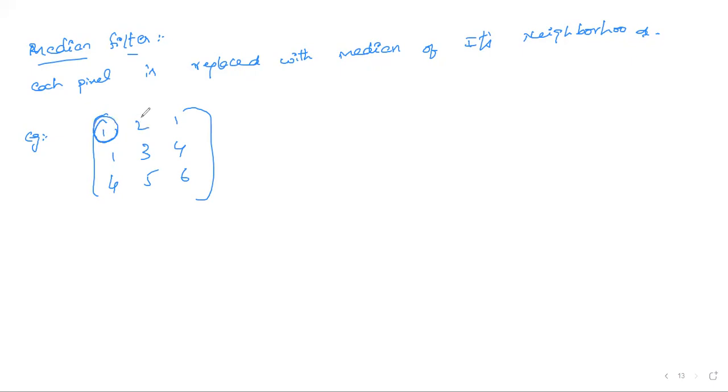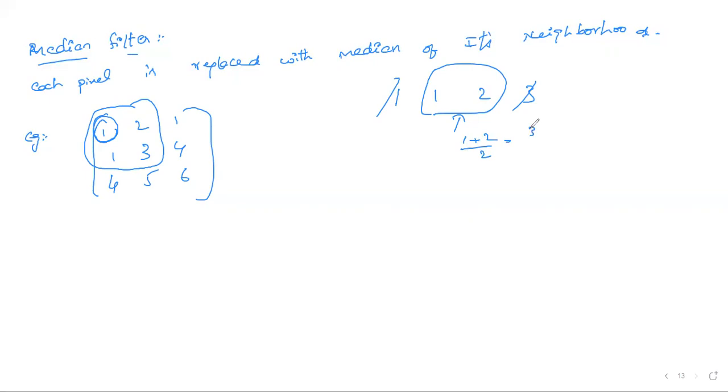The neighborhood of this pixel is these four only, right? So 1, 1, 2, 3. The median is the average of the middle ones: 1 plus 2 by 2, 3 by 2, that is 1.5. The nearest value is 2, so we replace it with 2.